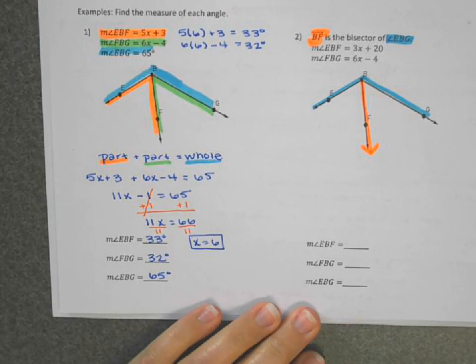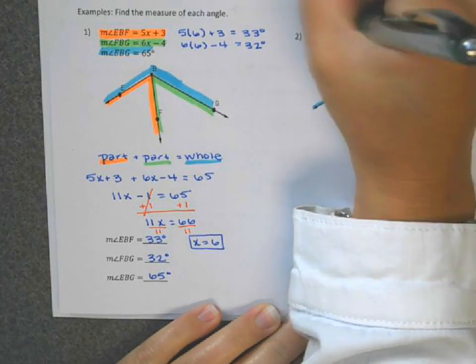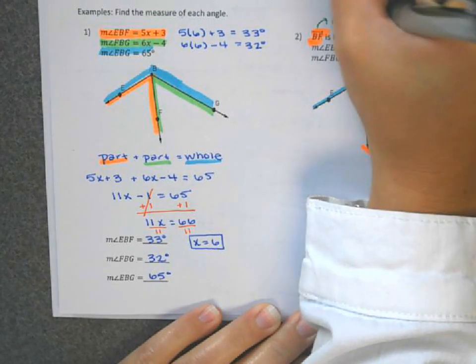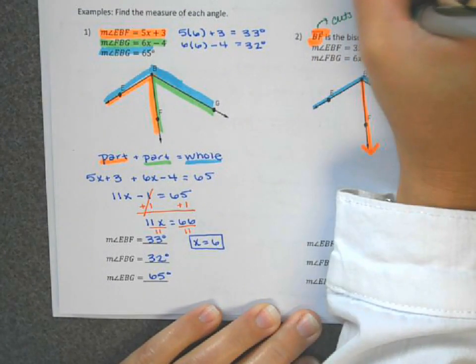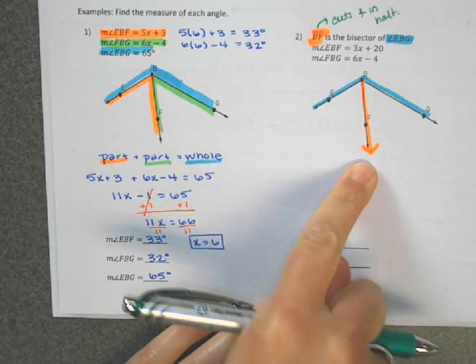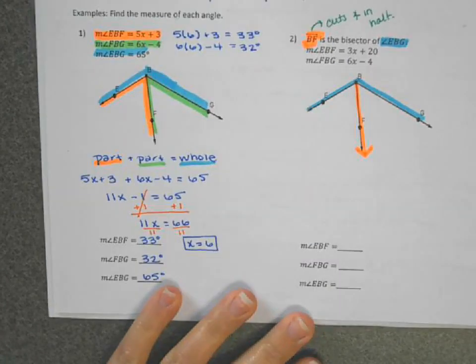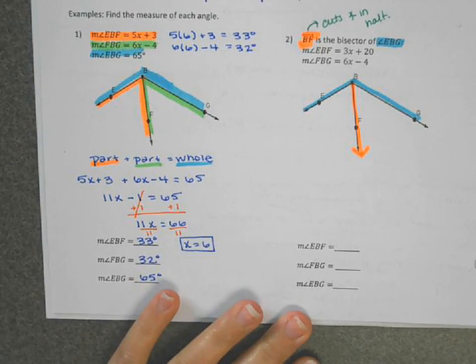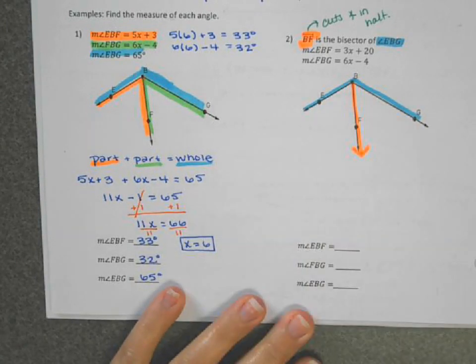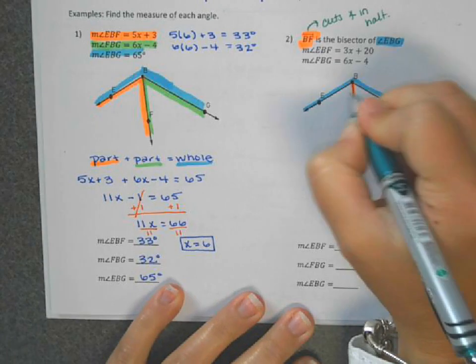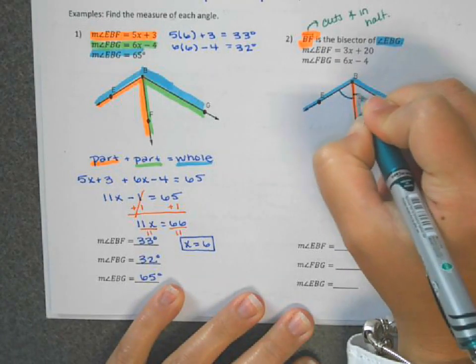Okay? So if a bisector cuts an angle in half, if BF is cutting this large angle in half, what is something that we know? That it's equal on both sides, or congruent on both sides. So what you would do is you would mark these angles congruent.